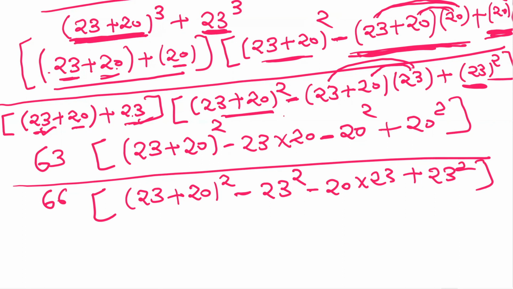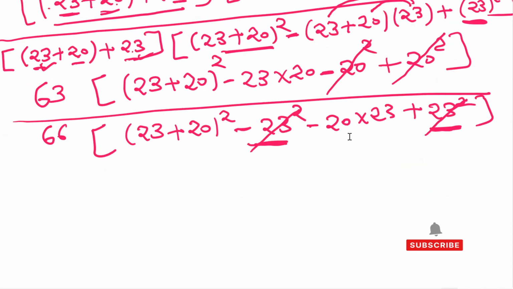Now we'll see the wonderful things here, guys. We can see that positive 20 square and minus 20 square, we can cancel out, isn't it? And in the denominator, the same. We can see positive 23 square here and minus 23 square here, so I can cancel those out. So 23 square and minus 23 square are also gone. Just in a minute, guys, you will realize the beautiful result.